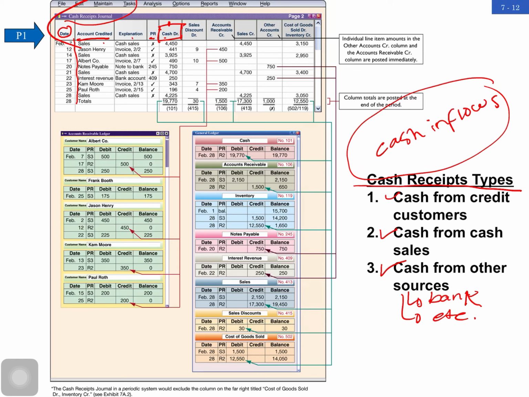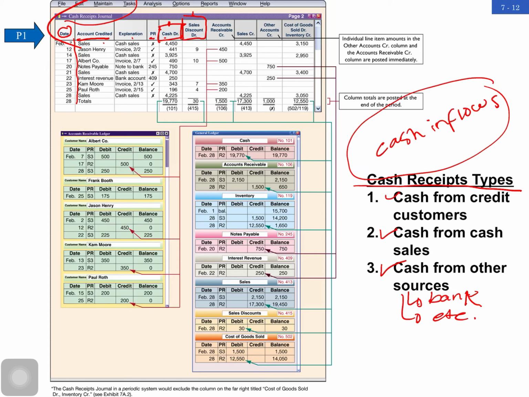And then the next column, you will see sales discount. If you always give sales discounts to your customers, you need to make this column. But if you never give sales discounts to your customers, you don't need to write this column.